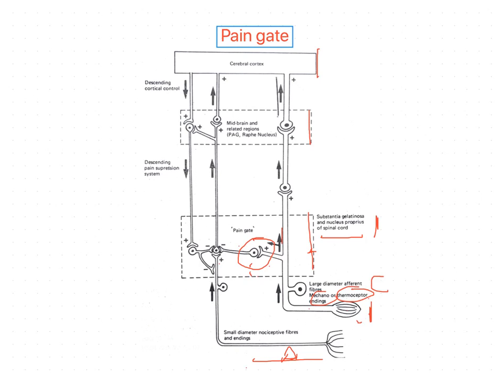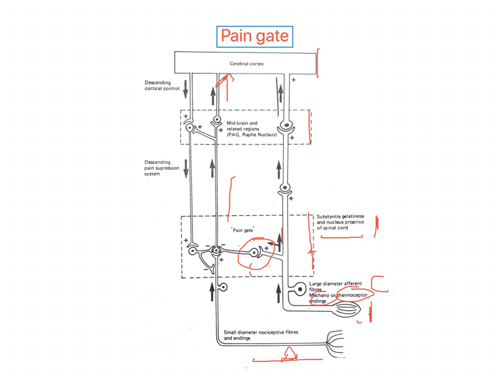If nociceptive information is allowed through the gate, then the traffic will continue up the lateral spinothalamic tract of the spinal cord to the thalamus and from the thalamus to the cerebral cortex.